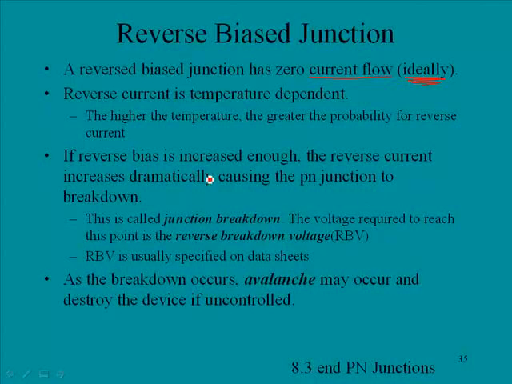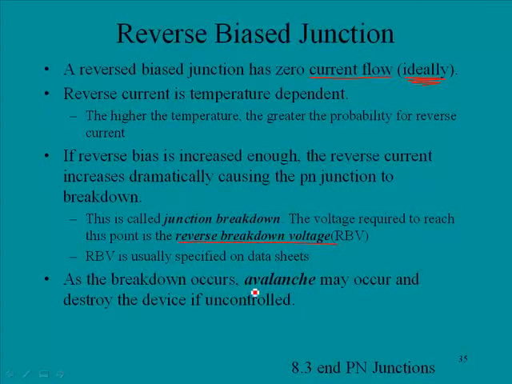The voltage required to reach this point is referred to as the reverse breakdown voltage, RVB, and this is usually specified on data sheets, and this is something to be avoided. As the breakdown occurs, avalanche may occur and destroy the device if uncontrolled.